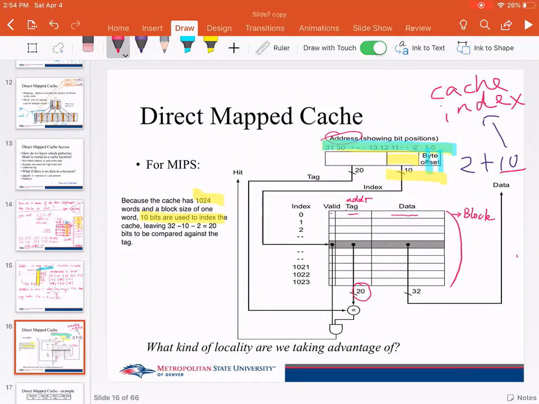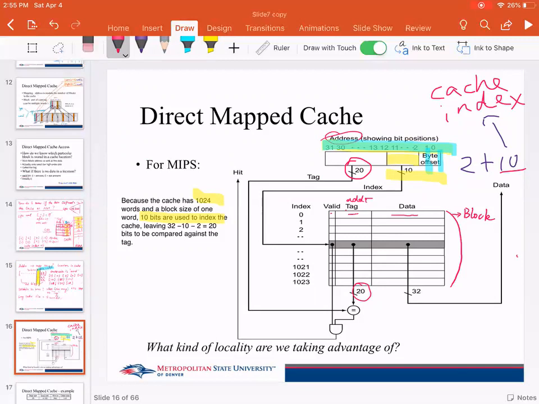I can just copy it from the cache index. And the leftover will be only 20 bits, and that is the real information we have to keep for the address.